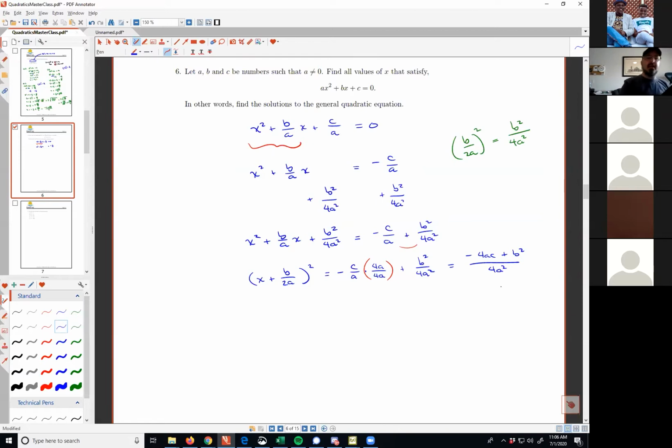And now we can write that all with one denominator. And I'm going to rearrange the numerator here just a little bit, just because it looks nicer with a positive lead coefficient.